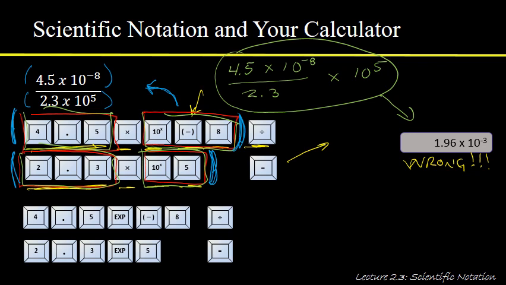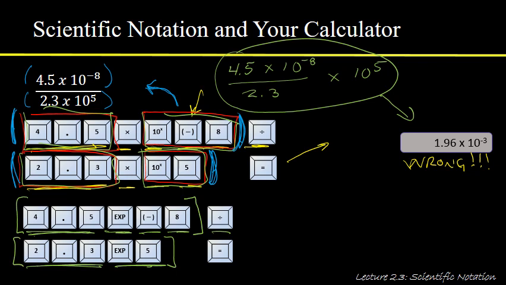So if you type in 4.5 EXP minus 8 divided by 2.3 EXP 5, the wonderful thing about that EXP key is when the calculator sees that key, it interprets this whole thing as one number, and it interprets this whole thing here as one number.